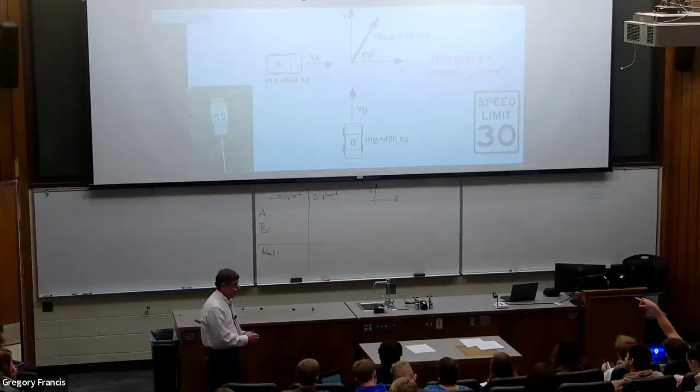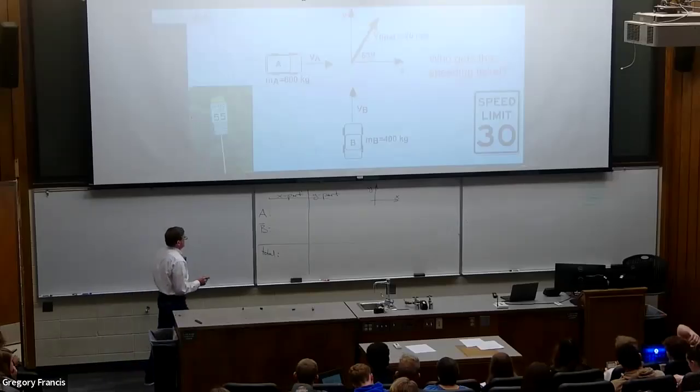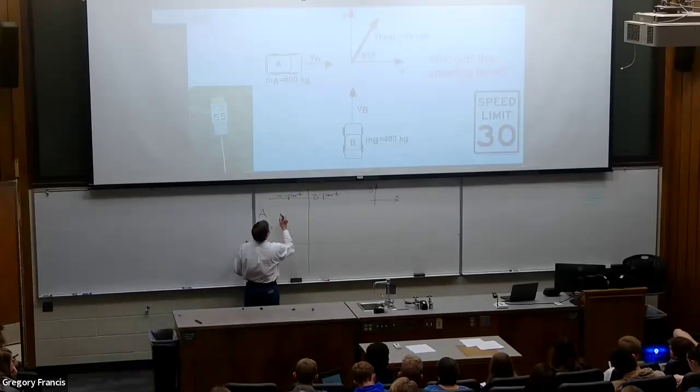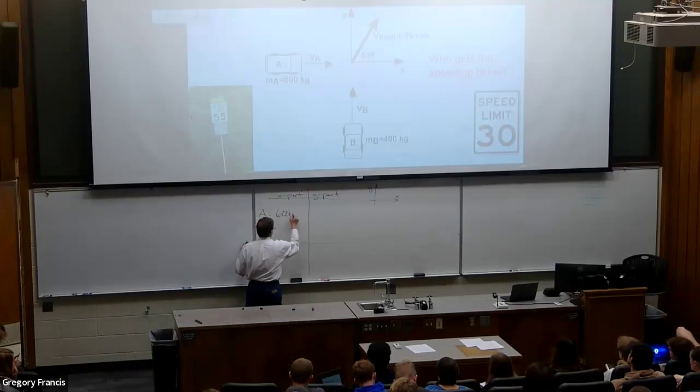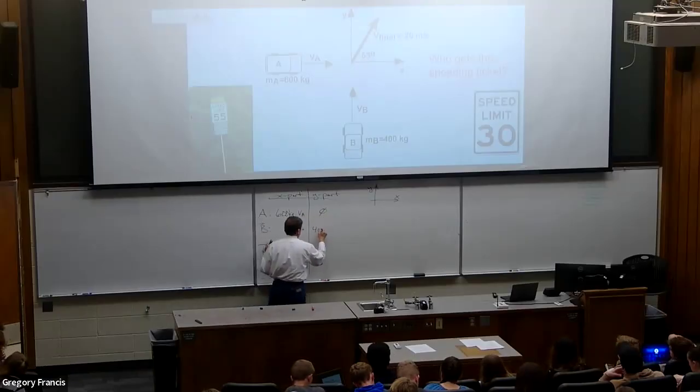So I would suggest that this is what you want to do. For A, all of the momentum is going to be in the positive X direction, 600 kilograms times VA, and none of it in the Y direction. For B, all of it is in the Y direction, and it's 400 kilograms times VB.